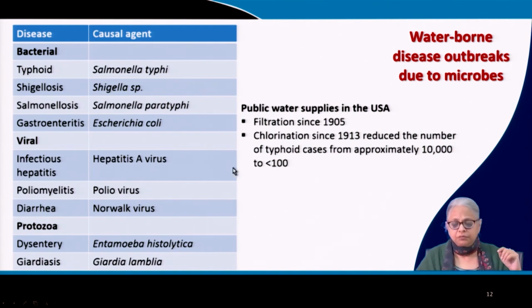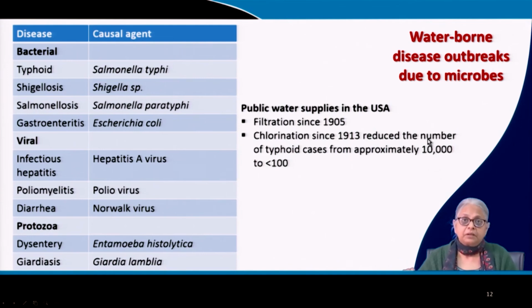And I'll just give you an example. So public water supplies, especially in the US, have been using filtration. So we have rapid sand filters, which have been in use perhaps as far back as 1905, and chlorination, which has been literally the backbone of public water supply systems since 1913.